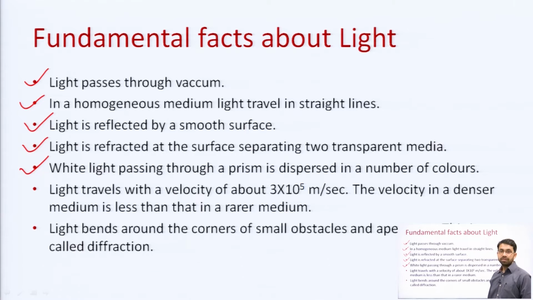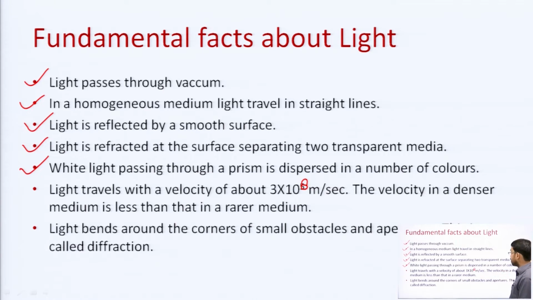Another fundamental fact, we know the velocity of light. Light travels with a velocity of about 3 into 10 to the power 8 meters per second. It is 3 into 10 to the power 5 kilometers per second or 3 into 10 to the power 8 meters per second.